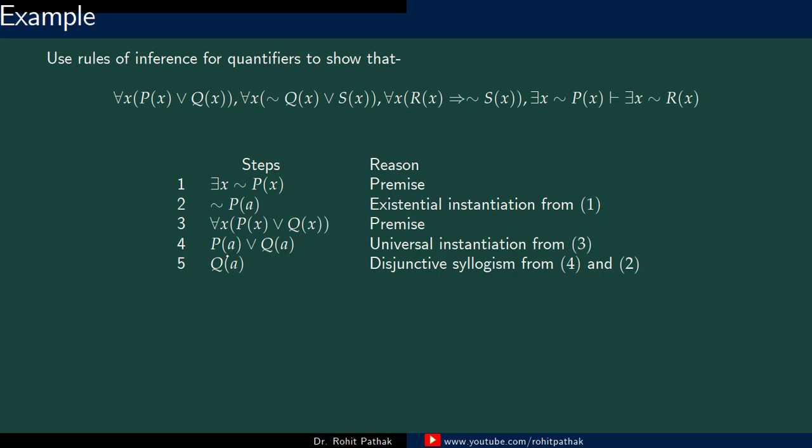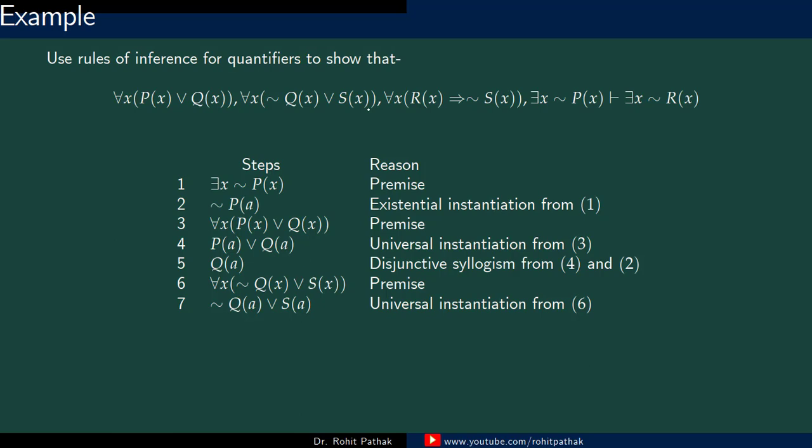So disjunctive syllogism means negation pa, or negation p, and p or q, the conclusion is q. This is called disjunctive syllogism. Again we take the next premise, which is this: again using universal instantiation.